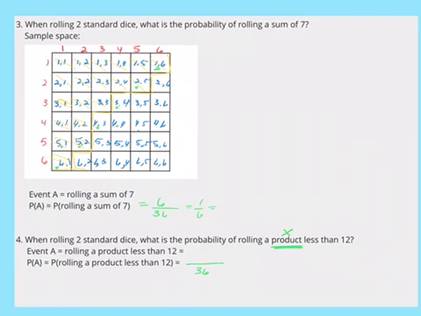So now I'm just going to count up how many items I have. 6 plus 5 is 11, 12, 13, 14, 15, 16, 17, 18, 19. I have a total of 19 out of 36 possibilities. 19 out of 36, we need to go to our calculator and figure out what that decimal is, and then figure out our percent.